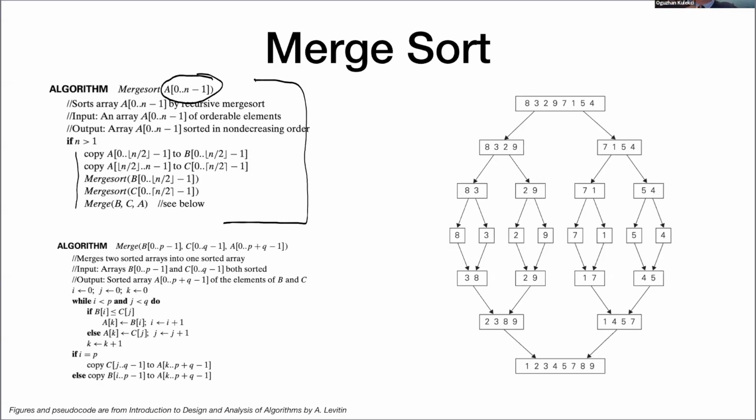Okay, so when you start with the complete array, divide it into two. Copy the first half to another array and copy the second half to another array. Okay, and then again, call the same merge sort on the left partition and call the merge sort on the right partition.